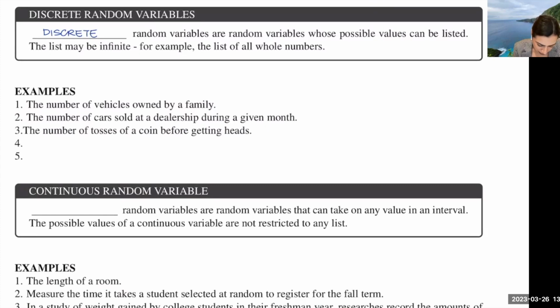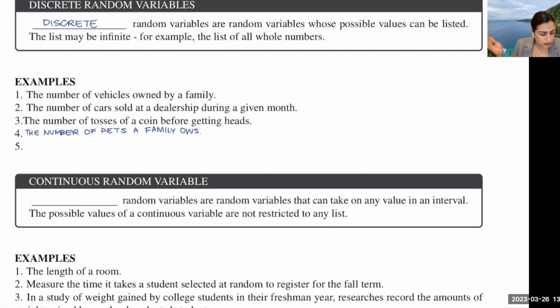So that's another example of a discrete random variable. So the number of pets a family owns. Another example would be the number of children in maybe the kinder class.